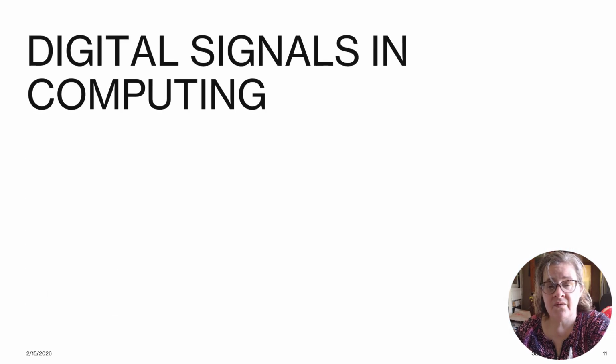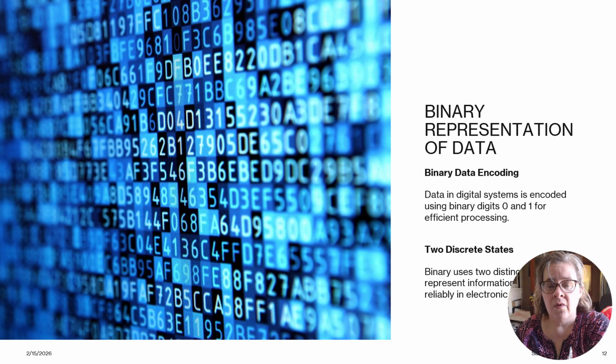The following section focuses on how data is represented digitally and the benefits of digital signals over analog. Digital data is represented in binary form using two discrete states, commonly 0, which is normally viewed as off, and 1 to mean on, to encode information for efficient processing and storage.